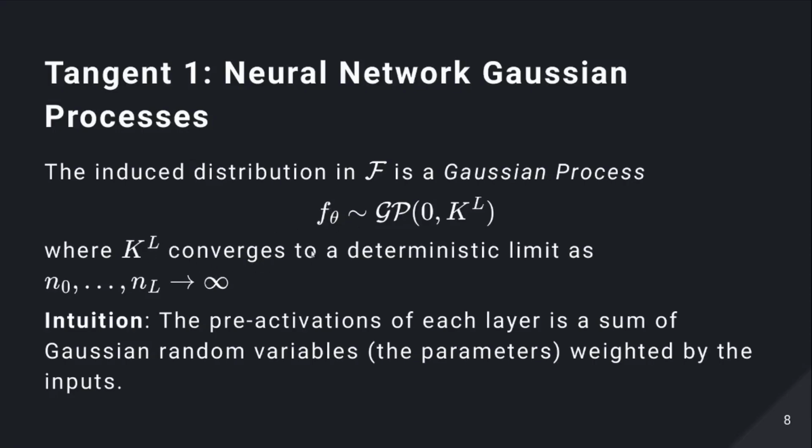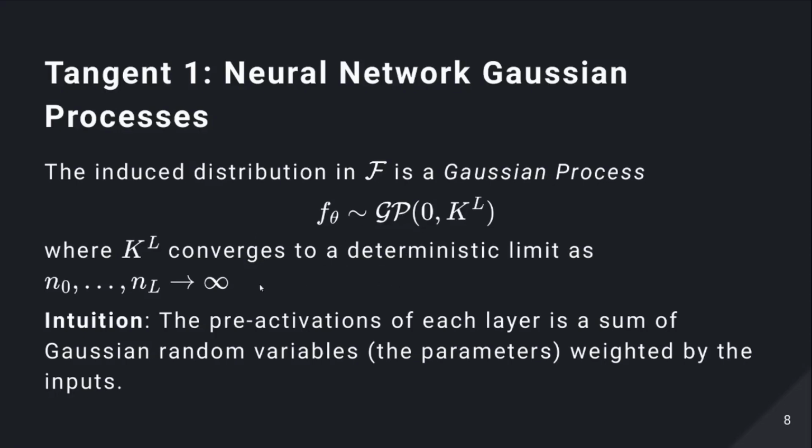But in this case we already know that as the layer width goes to infinity, this covariance function has a deterministic limit, and in fact it's closely related to the NTK, as we'll see.